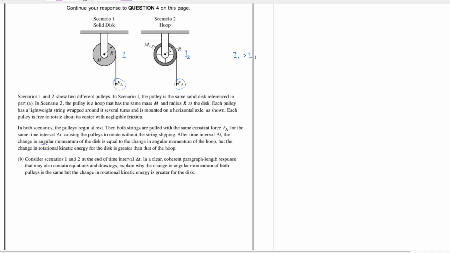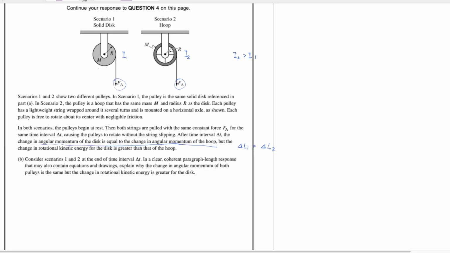So they have the same angular momentum change, delta L1 is the same as delta L2. But the change in rotational kinetic energy for the disk is greater than that of the hoop. Okay, different change in rotational kinetic energy.